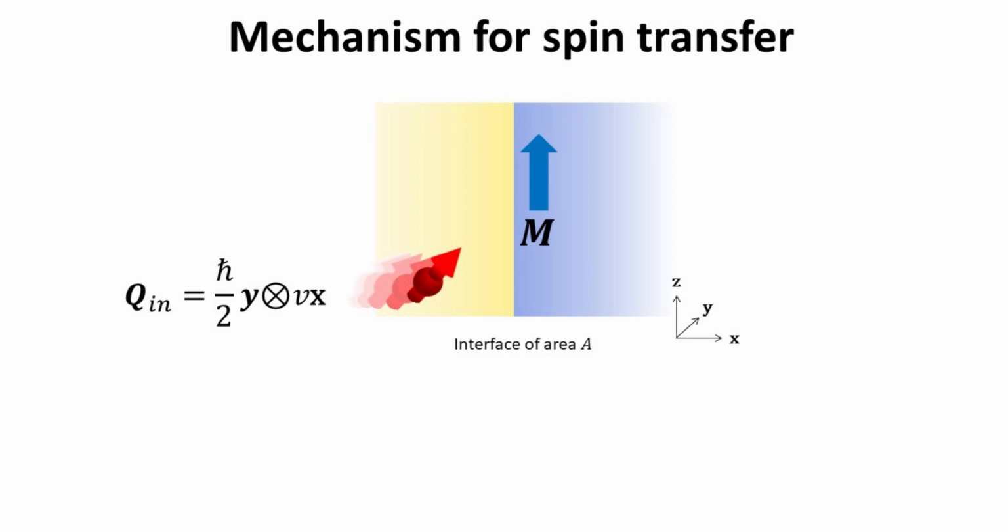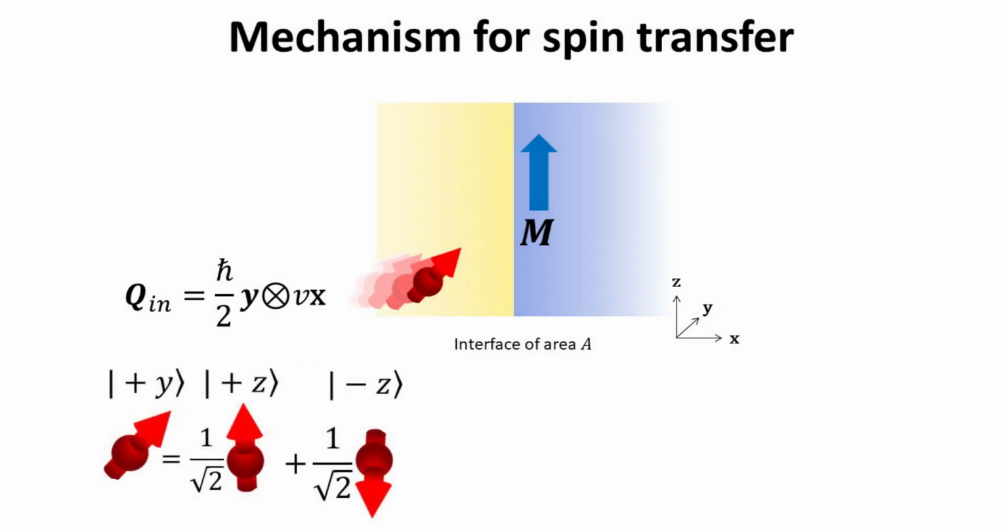The first vector is the spin direction, oriented along y. The second vector is the velocity direction, which is along x. We can easily figure out the scattering probability by recalling that a spin along the y direction can be written as a coherent superposition of up and down spins along the z direction, as shown. Thus, we can now apply the same line of reasoning as before.